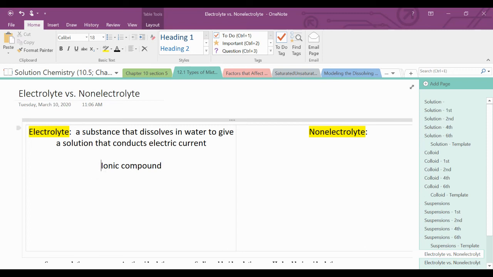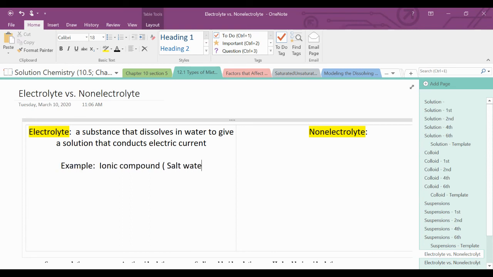So think about what we know about ionic compounds. We take them and we look at them and we know they're made of ions. And when we put those ions in water, it allows those ions to be mobile so they can dance. Remember, we talked about that in chapter 8. And so because you have those ions moving, they are conductors.